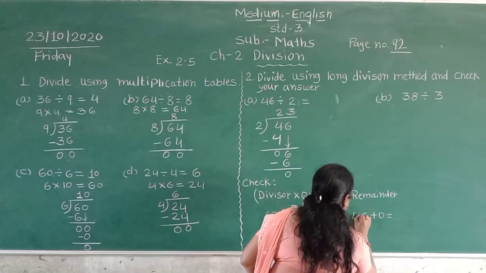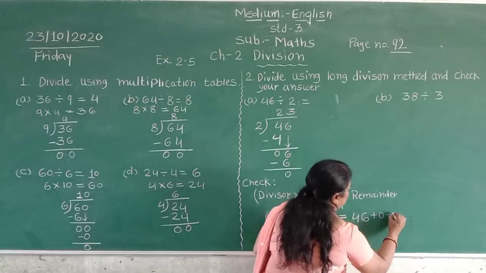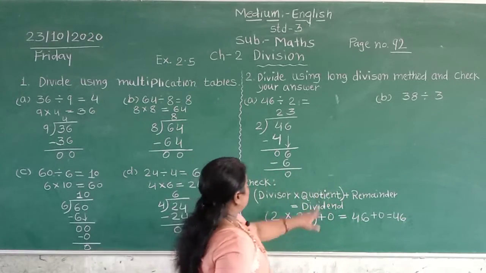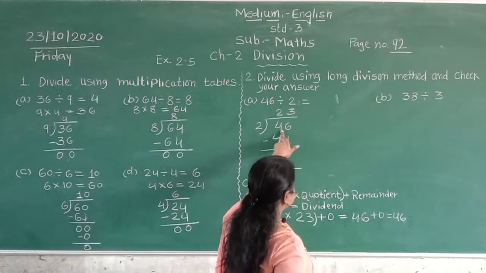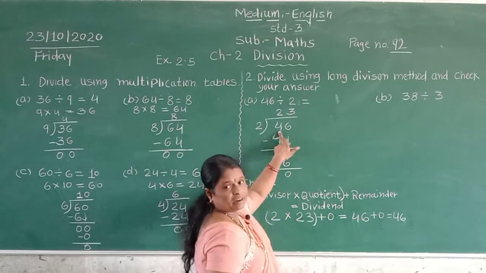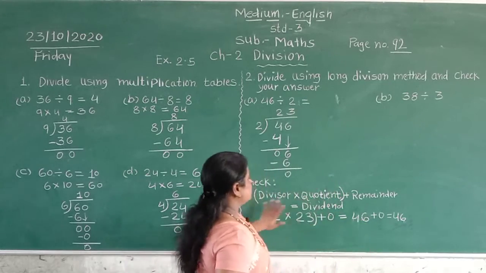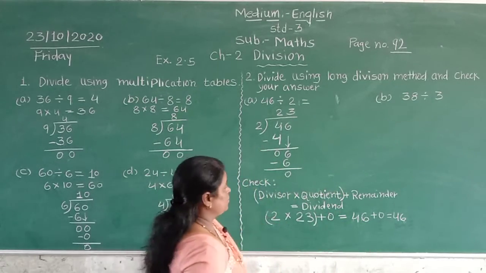Now 46 plus 0, 46. So the dividend is 46. Here the dividend is 46. Here also 46. So our sum is right.